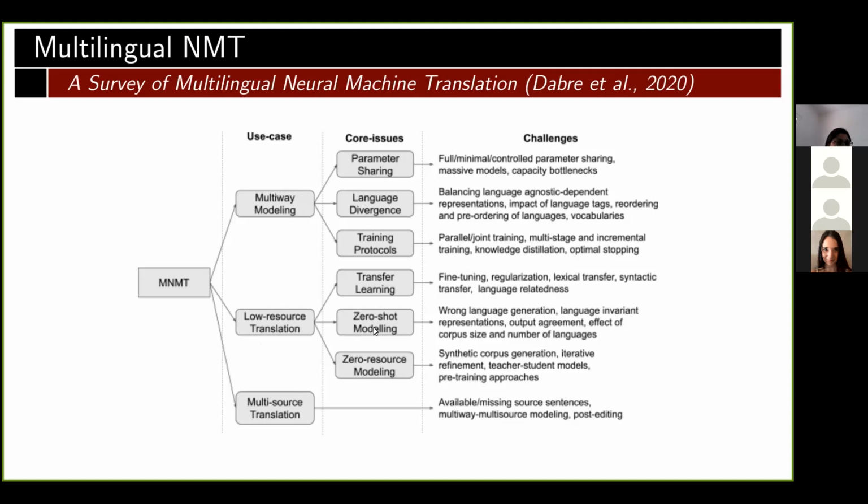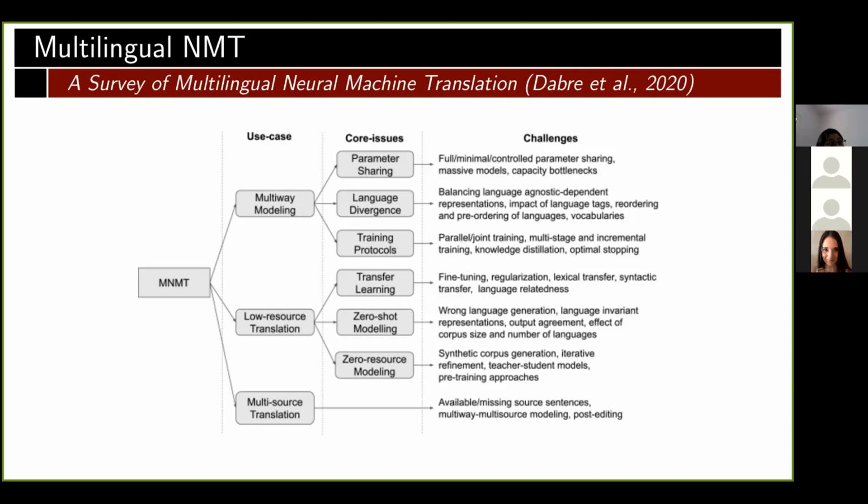And what's the meaning here? It means that when you train multilingual systems, you can even try to translate languages for which you don't have parallel data. So in the previous case I mentioned before, I was feeding the system with Catalan and English sentences in the source, and in the target we have English and German sentences.